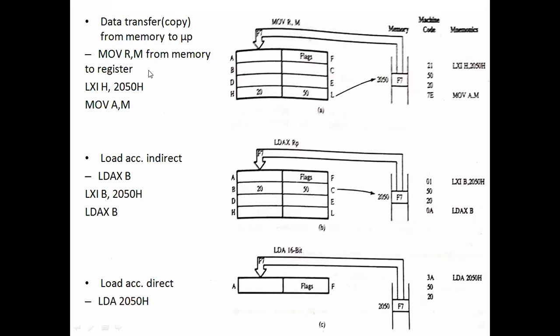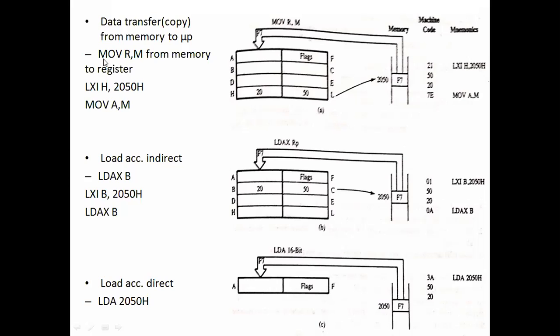Then we have data transfer, copy from memory, using the instruction MOV R, M, if we want to use that. But before we use the instruction MOV R, M, it is necessary that the HL pair must be loaded with the address of the memory from where the data has to be copied into the accumulator.